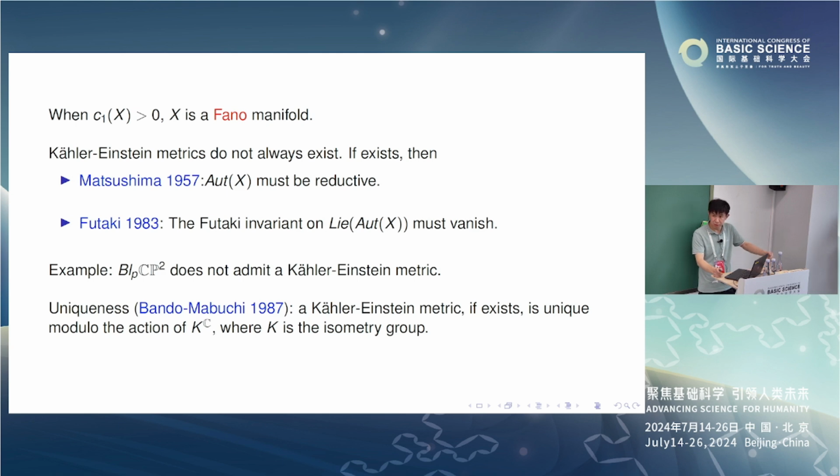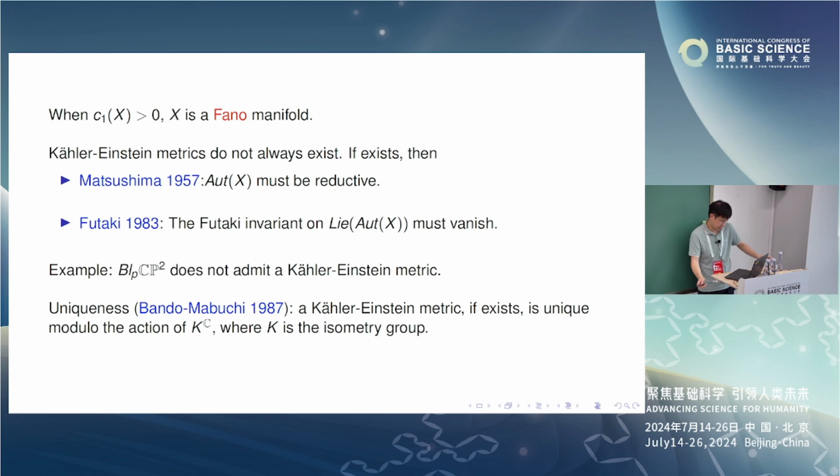So it's not literally unique, because in this case, again, this has to do with the automorphism group. If you pull back a Kahler-Einstein metric by the automorphism group, it is still a Kahler-Einstein metric. So you can expect, at best, that this is unique up to the automorphism group. This is proved by Bando-Mabuchi.